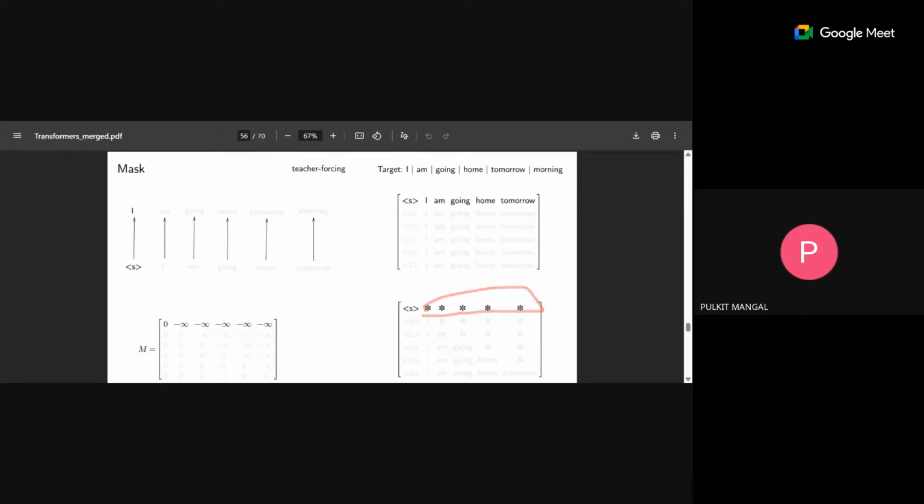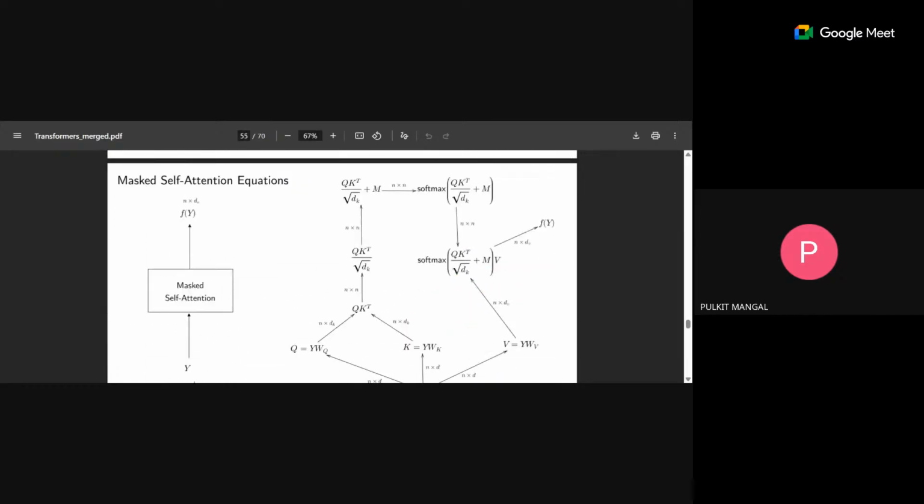How they are masked depends on how this computation works: we are adding M to this QK transpose output. If the value there is 0, the value remains as it is, nothing changes at that place in the QK transpose output. But if the value there is negative infinity, then QK transpose plus negative infinity gives negative infinity.